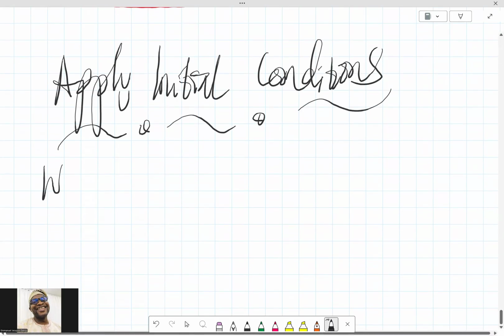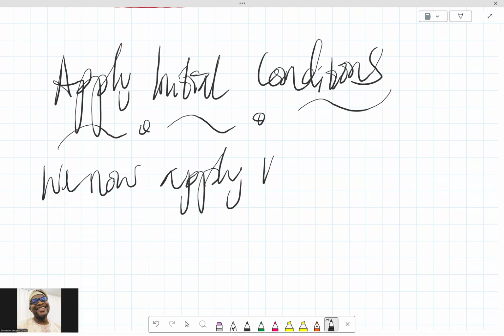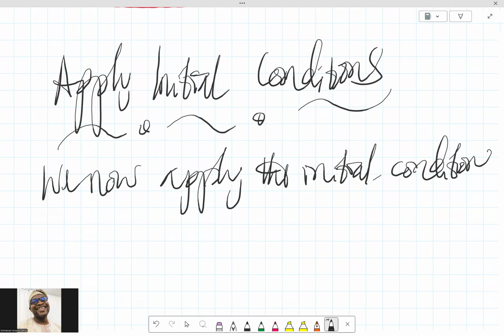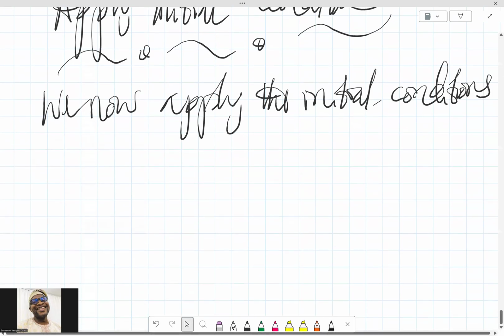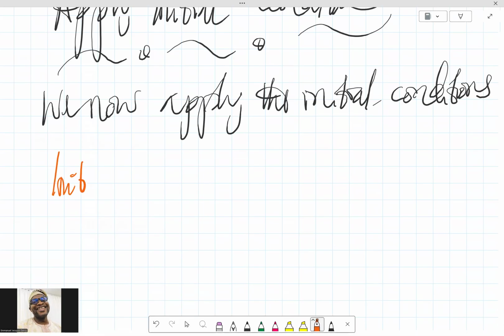So we now apply the initial conditions. The first one is the initial displacement.